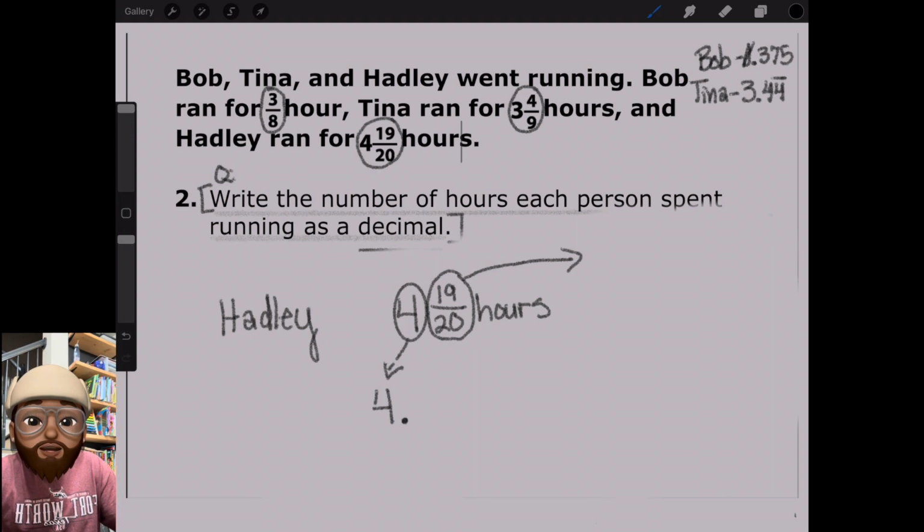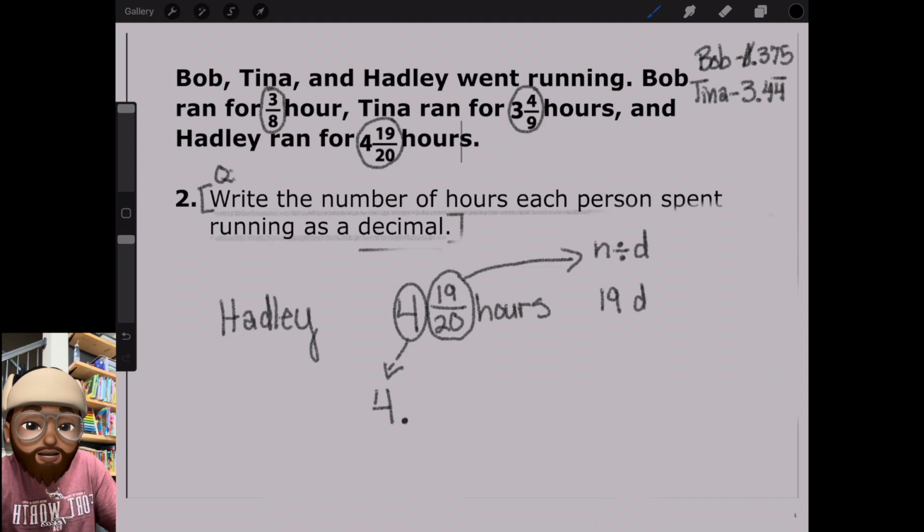So, converting 19 over 20, again, we are taking the numerator and dividing it by the denominator. In this case, this will be 19 divided by 20.